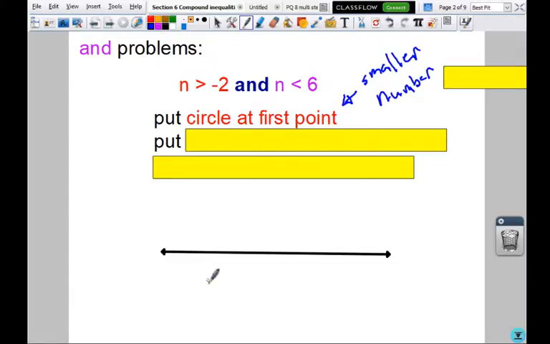My smaller number is here at -2. Sometimes my smaller number is really the second one; sometimes they kind of throw you off. So I'm going to go over here to -2, put a little dash, and write -2. I'm going to put my circle there, and I'm not going to fill my circle in because right here by the -2 I don't have the extra line.